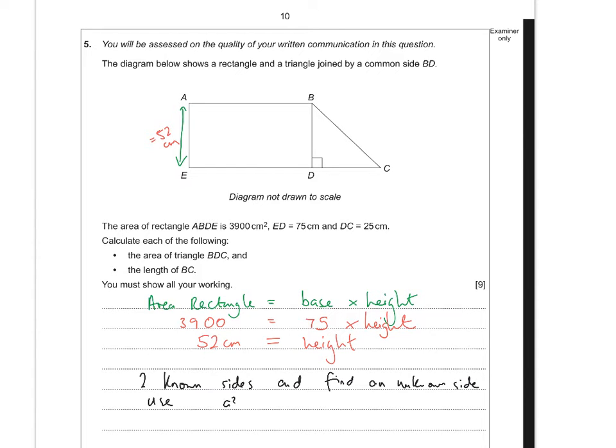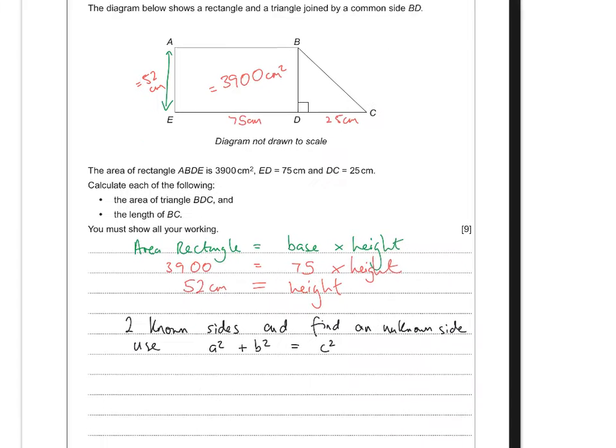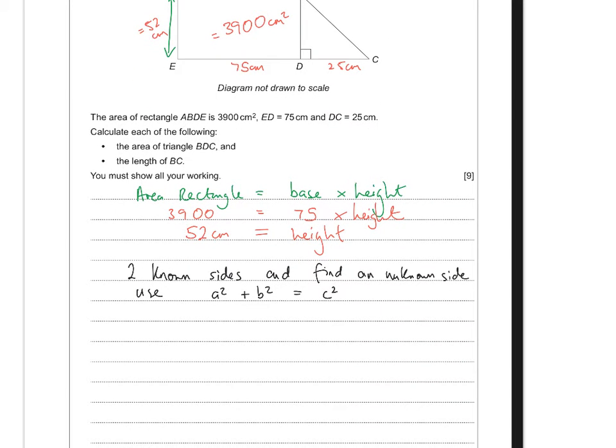Use a squared plus b squared equals, I tend to write h squared, but I think you've been taught c squared, so I'm going to stick with c squared, not to confuse anyone. So then that is 25 squared plus 52 squared. The 25 and the 52 could switch around, it wouldn't matter at all, is equal to c squared, but the c squared must be the hypotenuse.